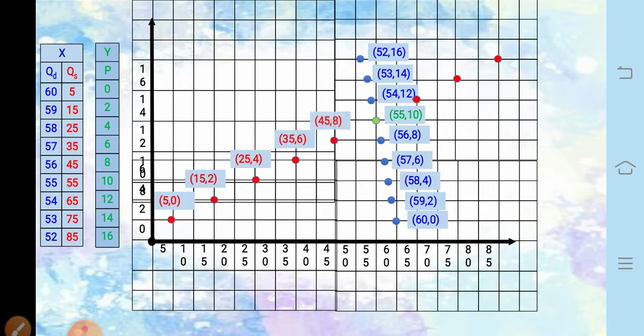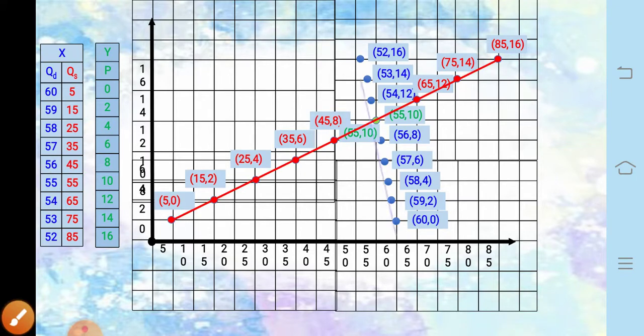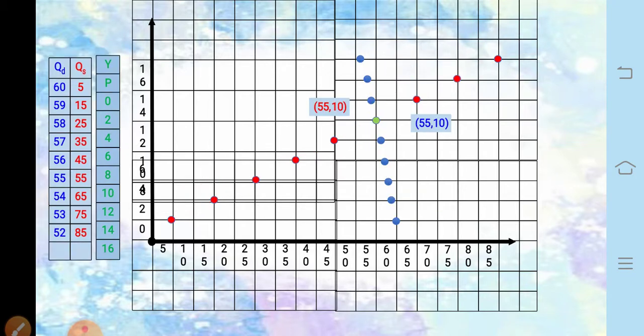So 55 and 10 is the intersection or the market equilibrium, and as you can see, they are the same, which is 55. It's a pity, this would have been nice if it hadn't scrambled. This is their intersection, which is 55 and 10.